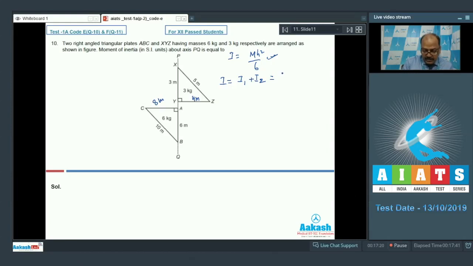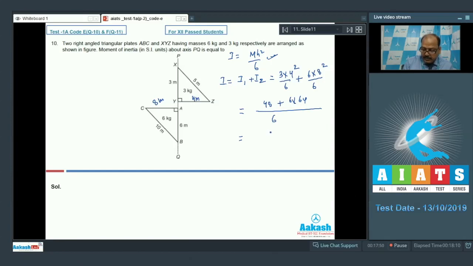So I1 equals 3 into 4 square by 6, and for the other plate it is 6 into 8 square upon 6. 48 plus 6 into 64.